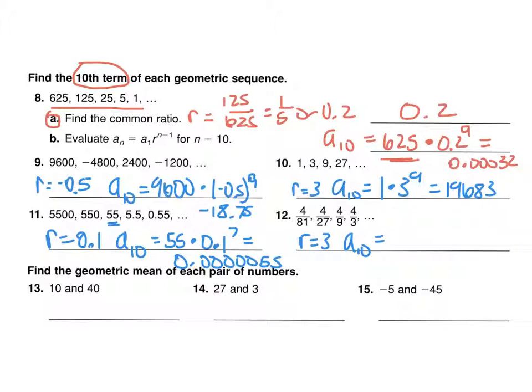Let's pick the 4th term, which is 4 over 3. We're going to do 4 over 3 times 3 raised to the, that is the 4th term, so the 6th power. And when we do 4 over 3 times 3 to the 6th, we get 972. So the 10th term is 972 in this particular sequence.